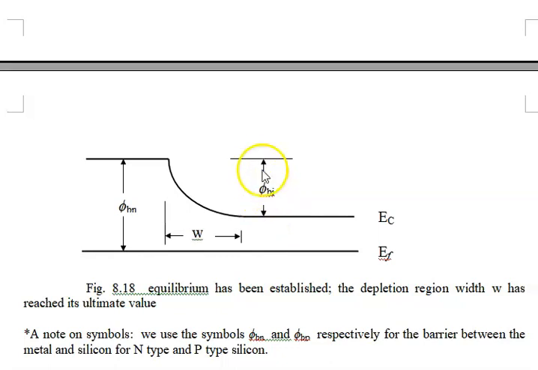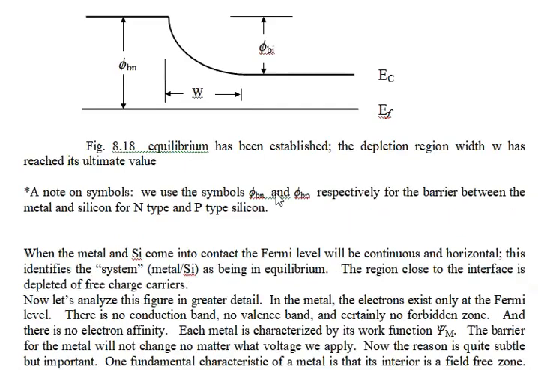We can either increase the barrier, and we're going to do that in the next chapter by applying what we call a reverse bias, so the barrier actually grows, or we can decrease the barrier by applying what we call a forward bias. But the important thing is that there is a barrier, and that barrier gives rise to what we call a rectifying junction. Forward bias versus reverse bias.